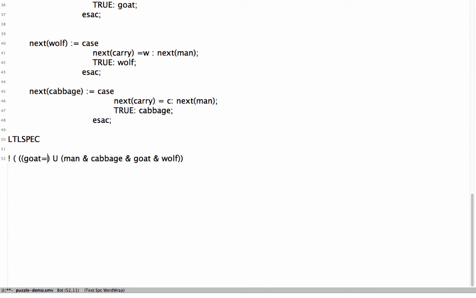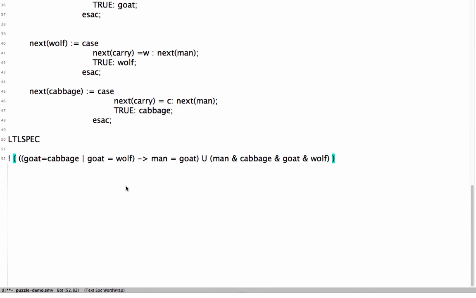And what is the property that should be true until this part? If the goat equal to cabbage, or if the goat equal to wolf, then man equal to goat. So this is what we have.